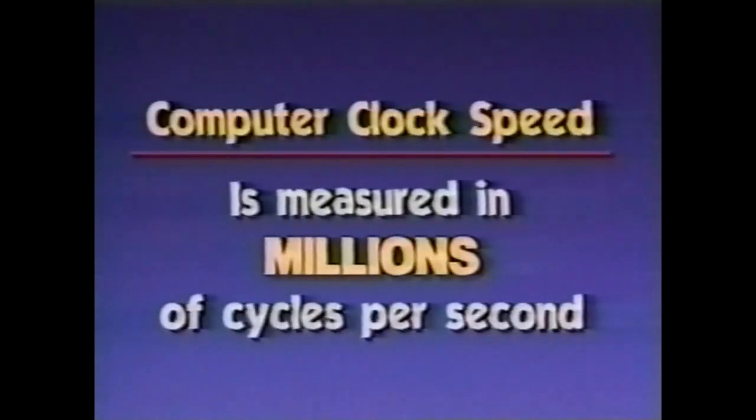By computer standards, that's very slow. Computer clock speeds run in the order of millions of cycles per second. To make things easy to understand, these figures are given as so many megahertz, where 1 megahertz equals approximately 1 million cycles per second.